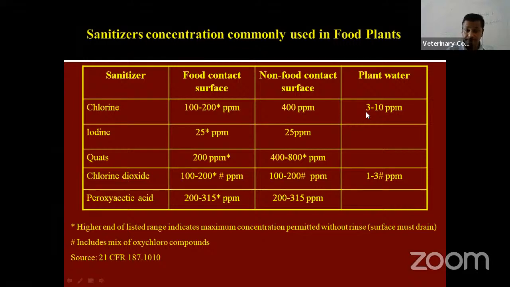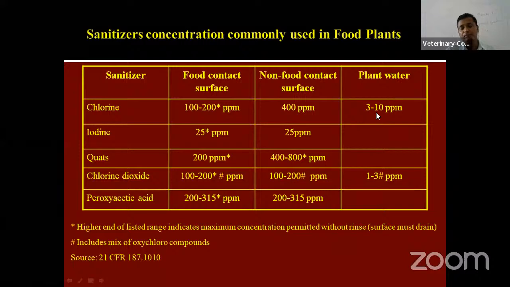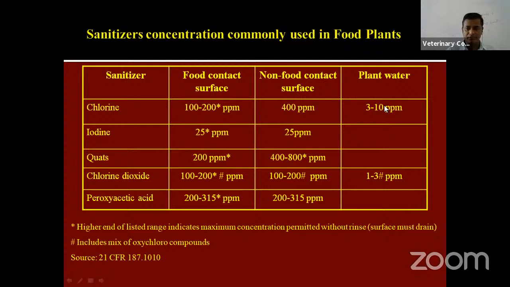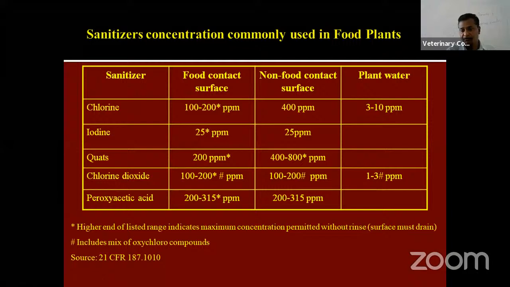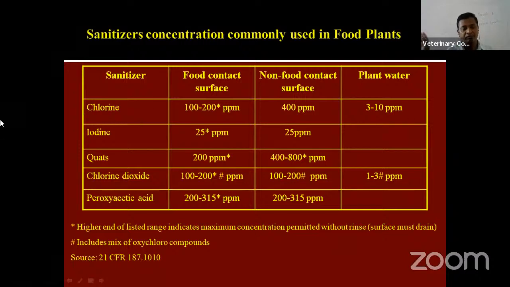This water requires chlorination, plant water. So the available chlorine should be 3 to 10 ppm. In domestic supply, around 0.5 ppm is the residual chlorine that is present. Okay, you have to increase that some more, many times to 3 to 10 ppm. So then that becomes plant water. So chlorine is very ideal and one of the most highly used sanitizers in the food industry.